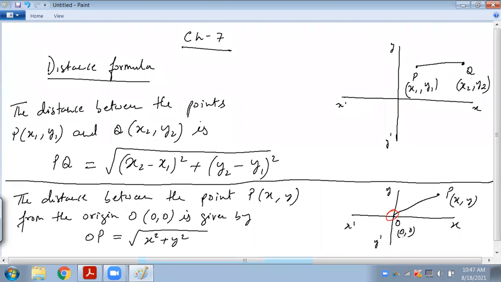So these are the two formulas we're going to use in the first exercise. So write it down, and once you're done, you can raise your hand.